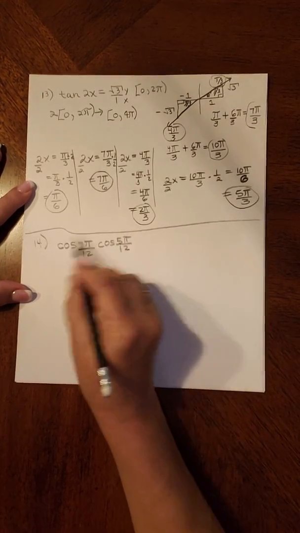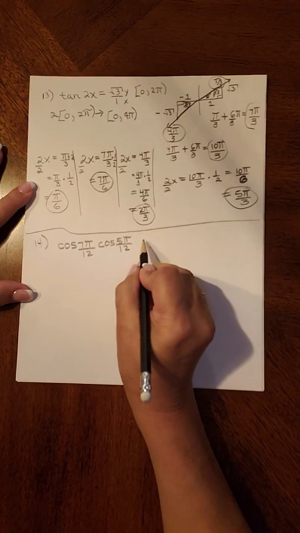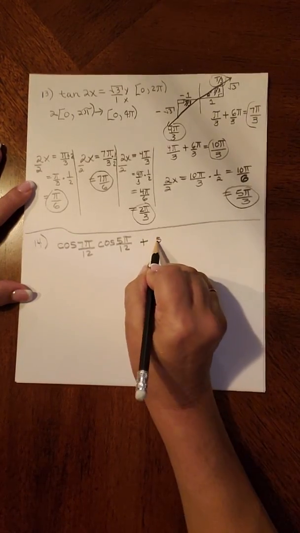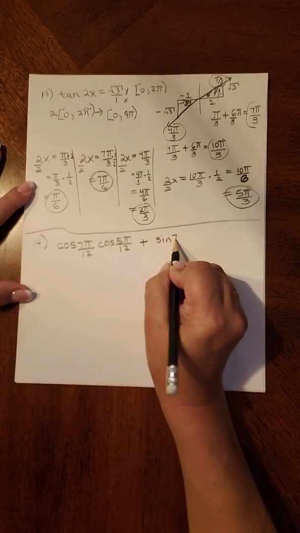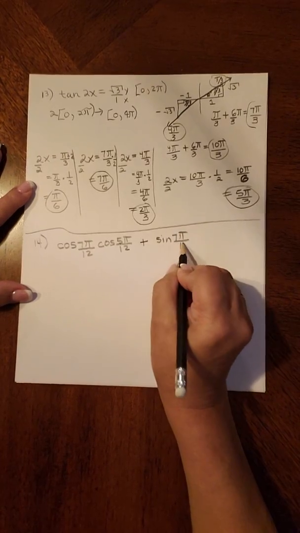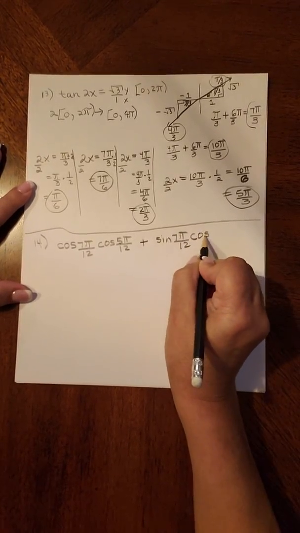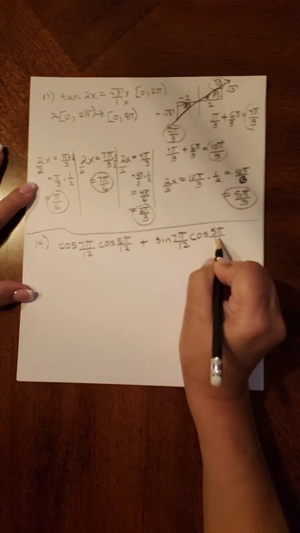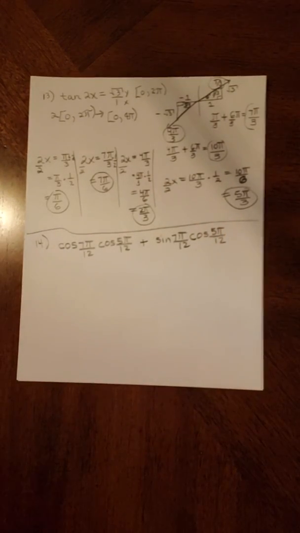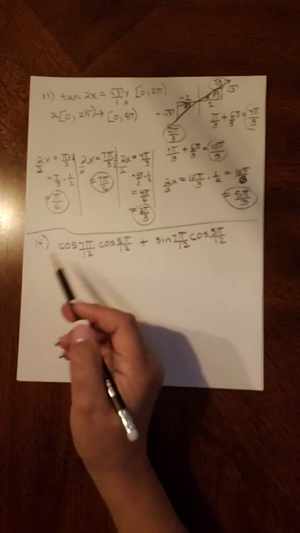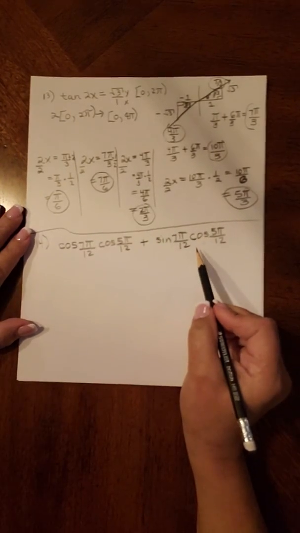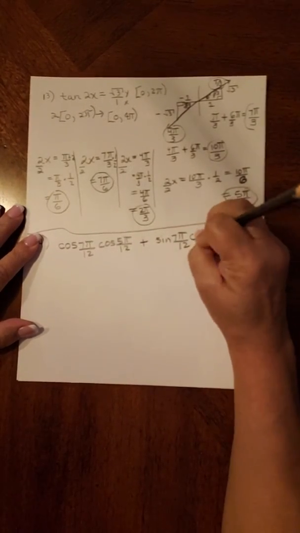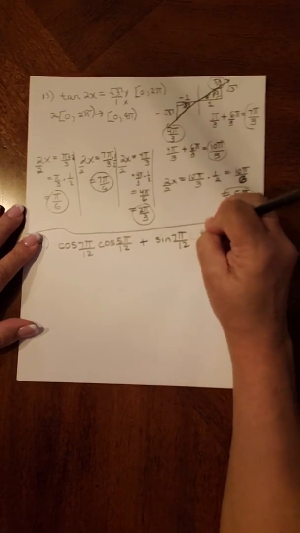So we got a homogeneous product in the front, plus sign, homogeneous product in the back. And just by memorization of the formulas, when you have this kind of product in the front and this kind of product in the back, whoops, I made a mistake there, sorry about that. That's supposed to be sine.